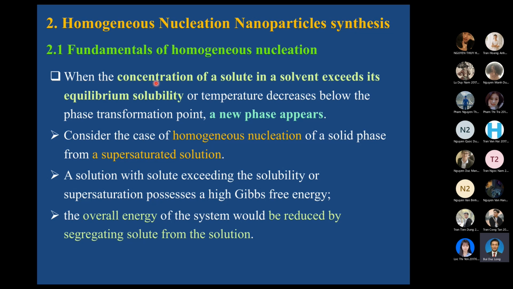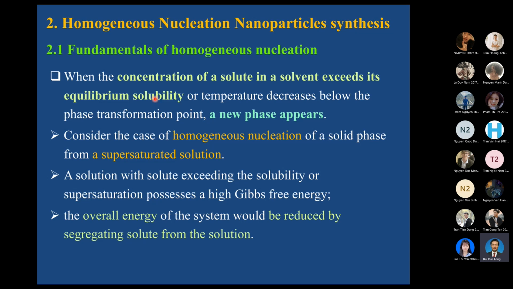When the concentration of solutes in a solvent exceeds the equilibrium solubility, or the temperature decreases below the phase transformation point, a new phase has to occur, because when it exceeds the equilibrium value, the energy of the system will be increased.